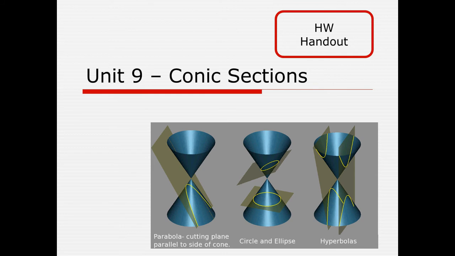AAF stands for Analysis and Applications of Functions. So we have been dealing with different functions, their characteristics, their properties, their graphs, their behavior, their transformations, and now we're going to deal with some things that aren't necessarily functions, but we're still going to see if we can take our prior knowledge and apply it in this non-function world.